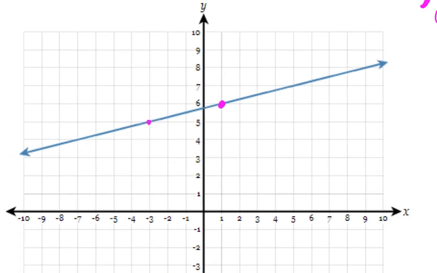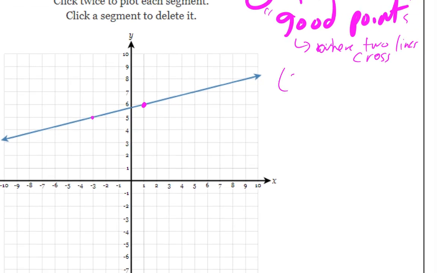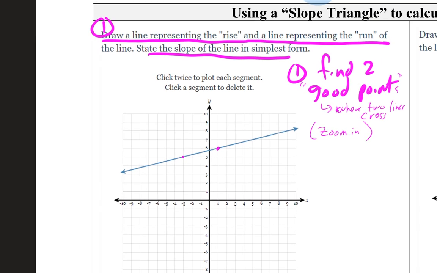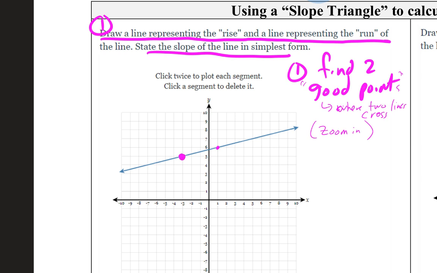Okay, so we're going to zoom in if necessary. First thing we're going to do is find our two good points and plot the points. We're going to click it.